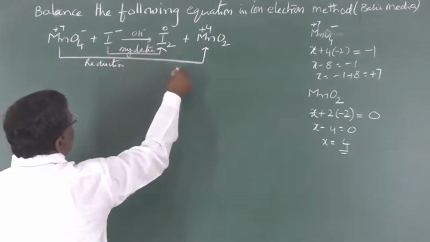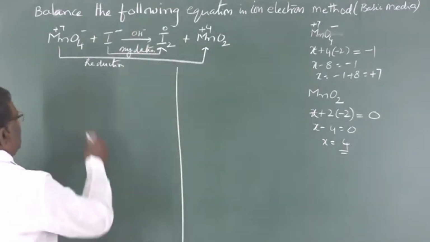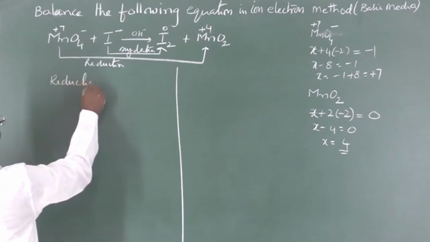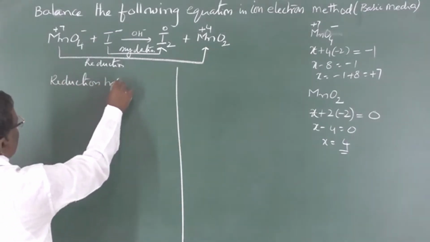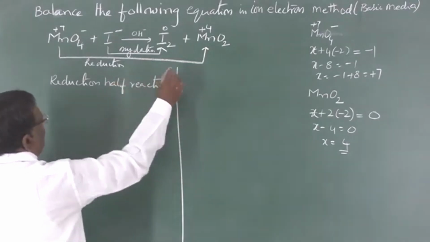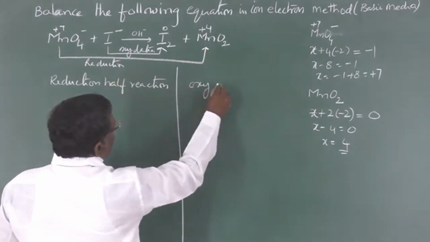Now let us split the equation into two half reactions. Reduction half reaction. Oxidation half reaction.